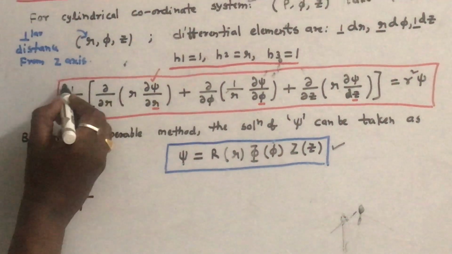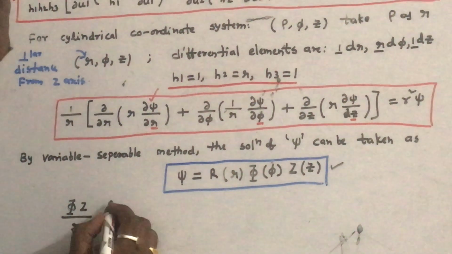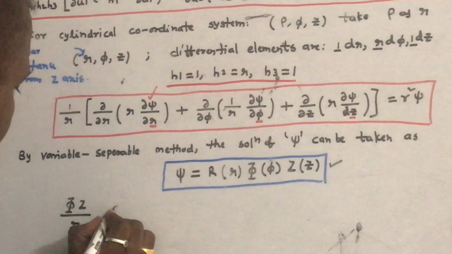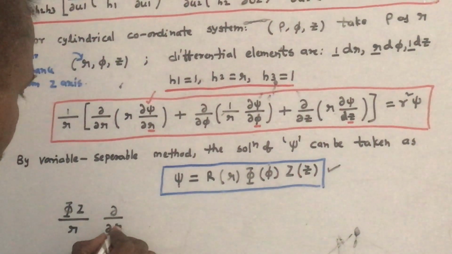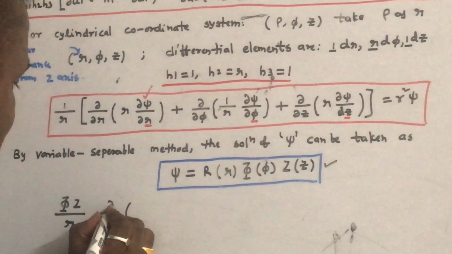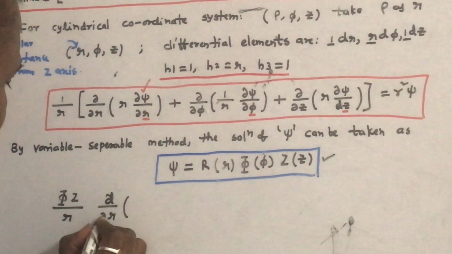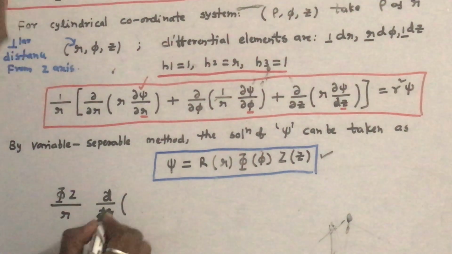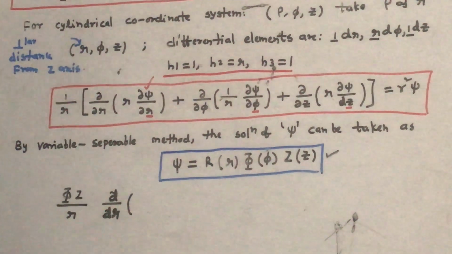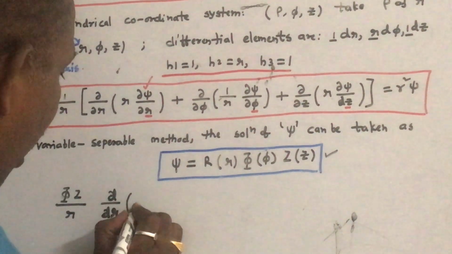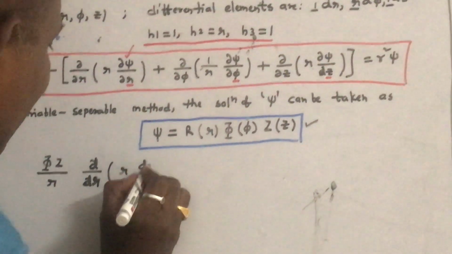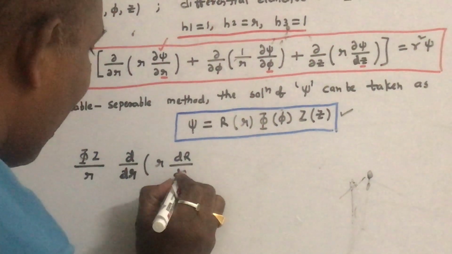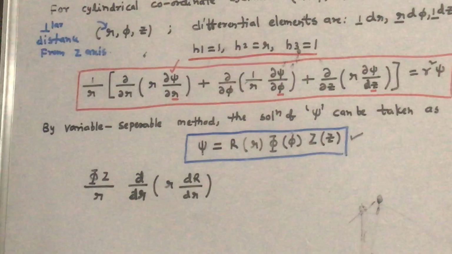So Phi Z by r into d by dr of, in fact you can write it as d, because we are making the partial differential equation into a regular differential equation, r into dR by dr. So that is the first one.